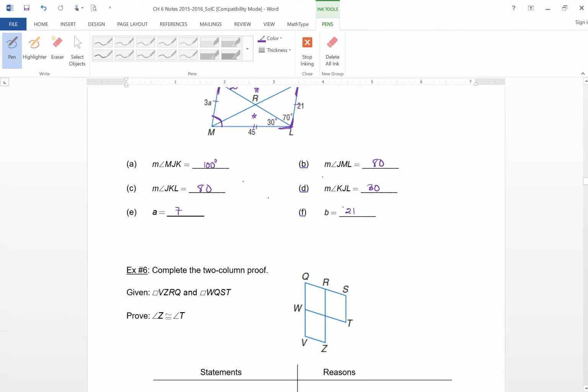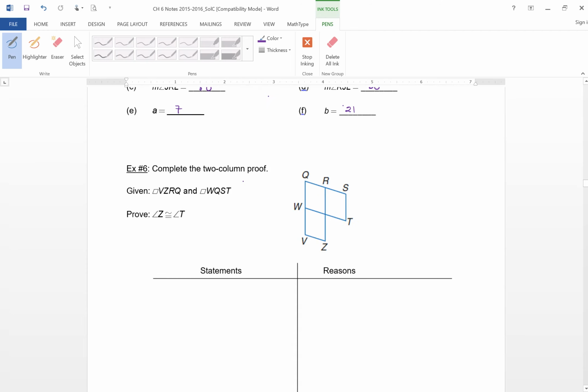Last but not least, we're given parallelogram VZRQ, this long one, and WQST. So you have a horizontal and a vertical inserted into each other.